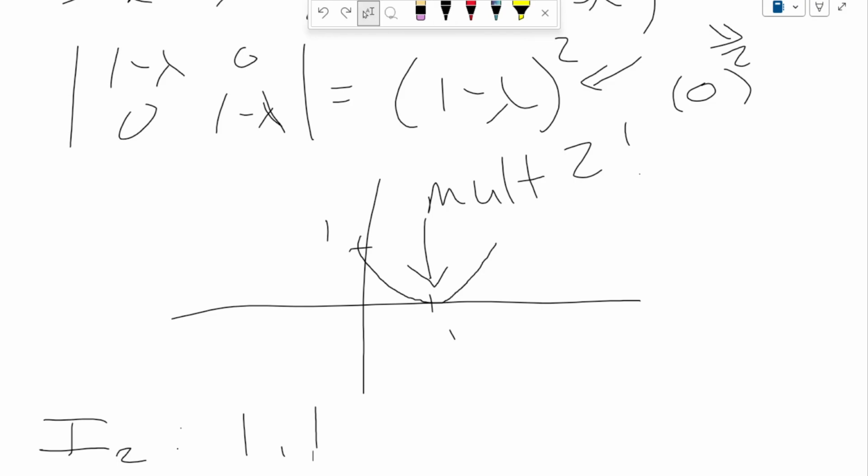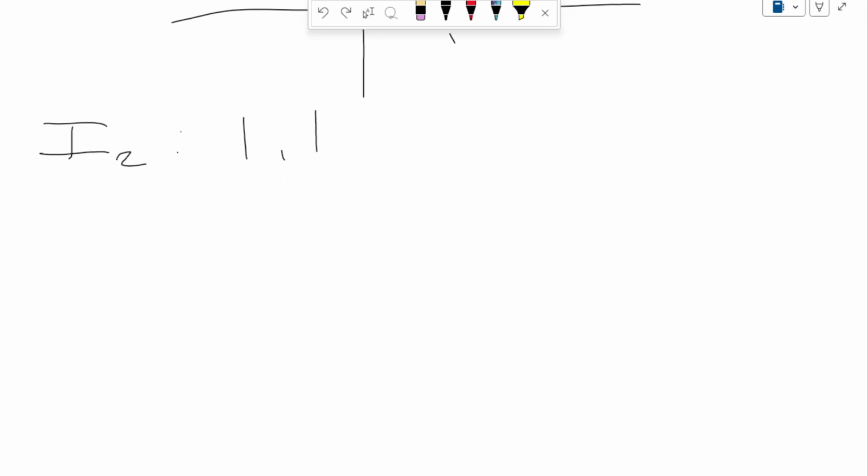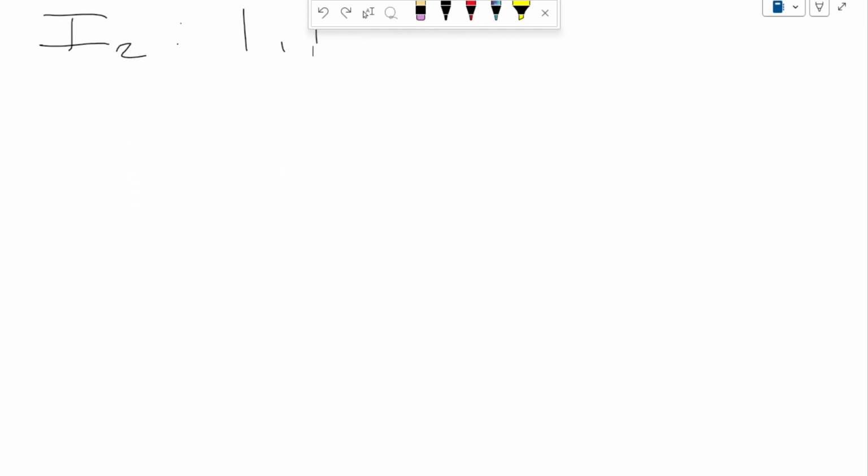Now I want to point out something real quick. As you may know, sometimes polynomials have imaginary roots. And it turns out this can happen with matrices too.